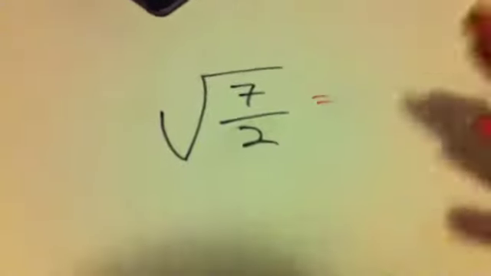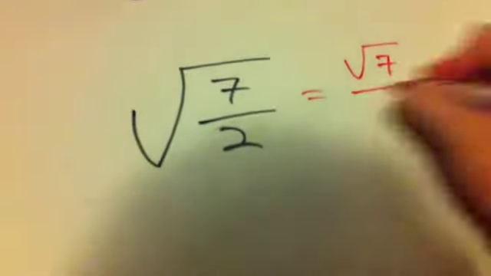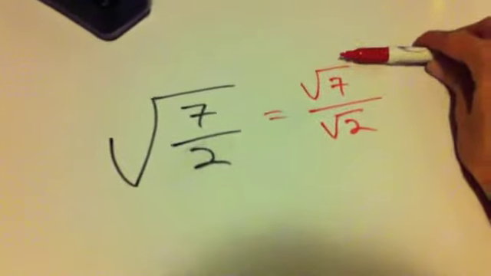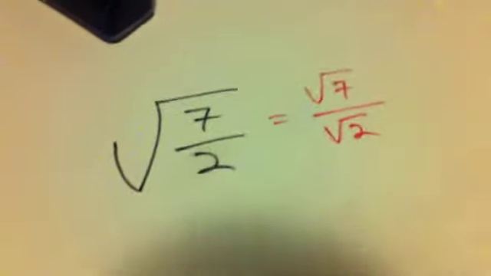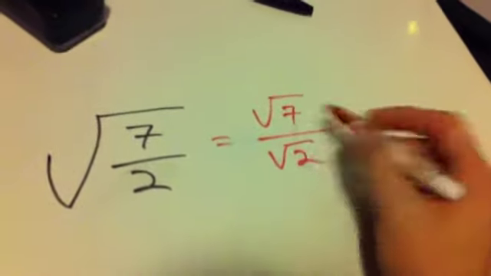But before I go on, I'm going to use the quotient property and split these up. So the square root of 7 over the square root of 2. This is fine the way it is, but it's not mathematically correct to have a radical in the denominator. So we must clear that.